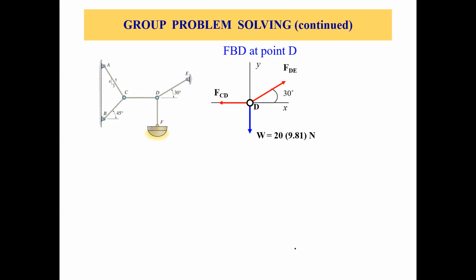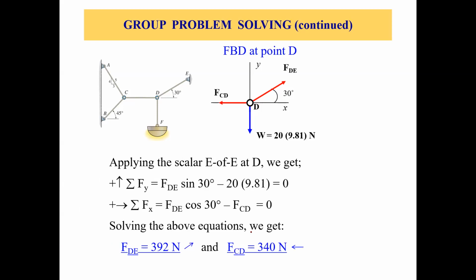Okay, so we have two unknowns. We know the angle of 30 degrees which FDE makes with the x-axis, so we can resolve it into x and y components and apply equations of equilibrium. Upward positive, sigma Fy equals 0.